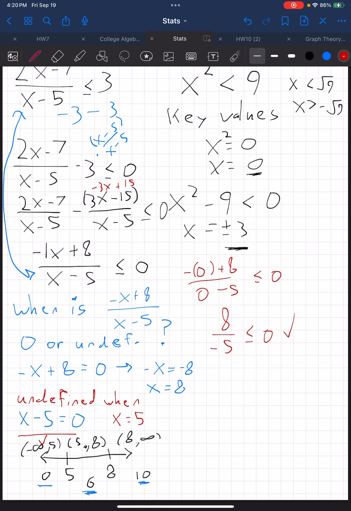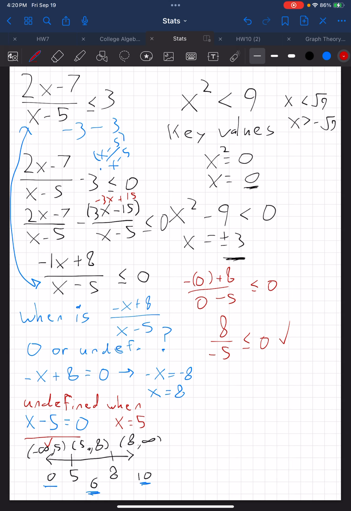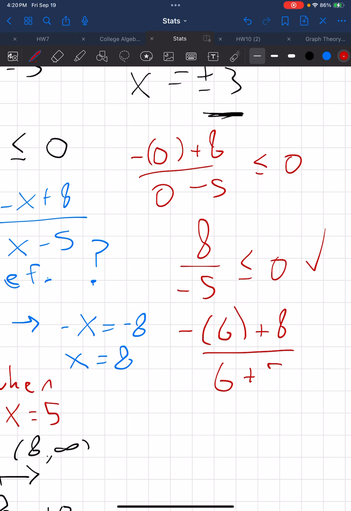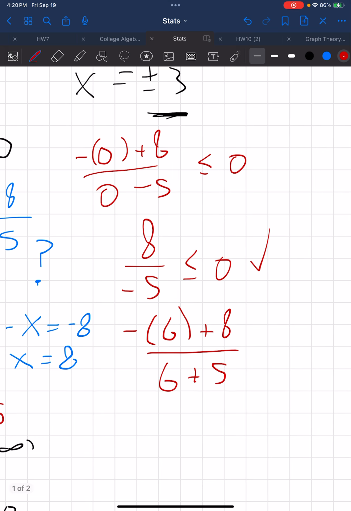The next number to plug in is 6. So let's do -6 plus 8. And then in the denominator, we have 6 plus 5. Wait, did I do that right?